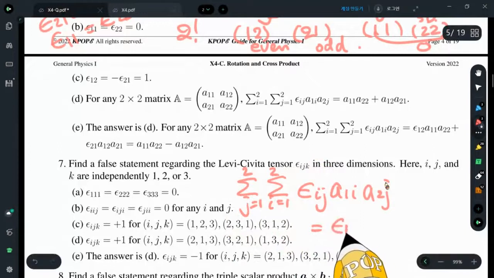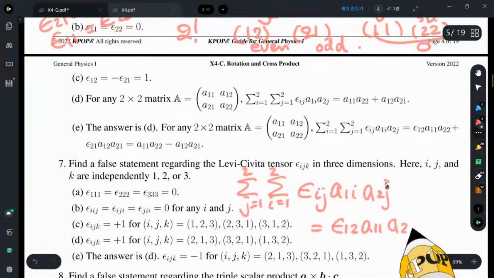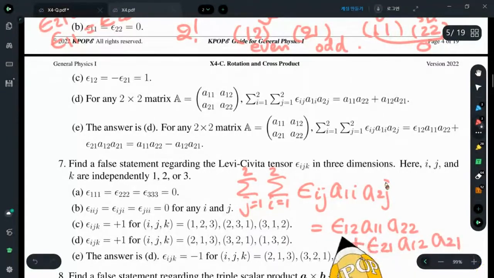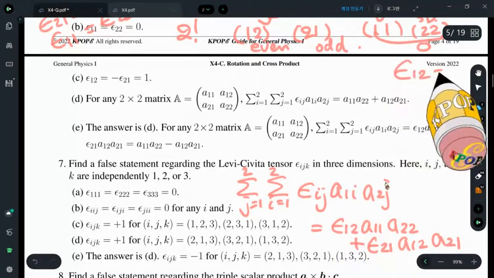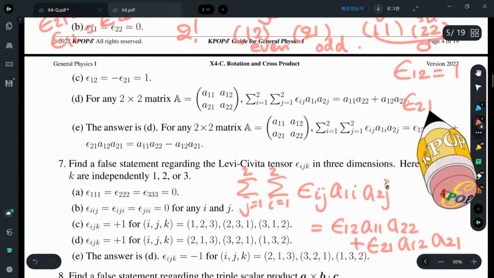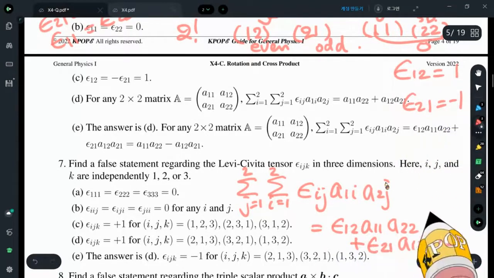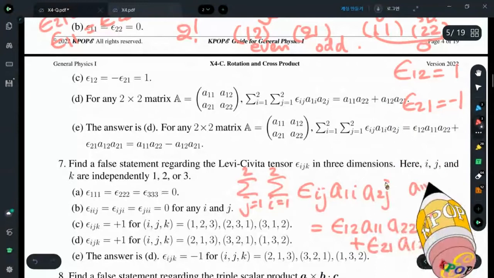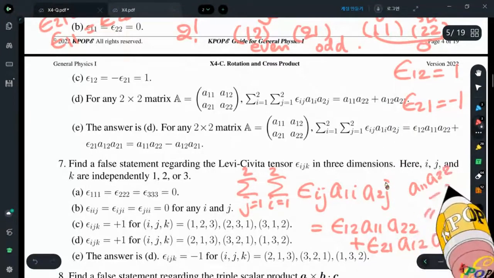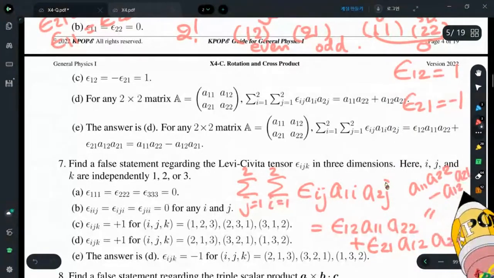The non-vanishing value is epsilon 1, 2, so A11, A22, and epsilon 2, 1, A12, A21. And epsilon 1, 2 is 1, epsilon 2, 1 equals minus 1. So the answer is A11 A22 minus A12 A21.